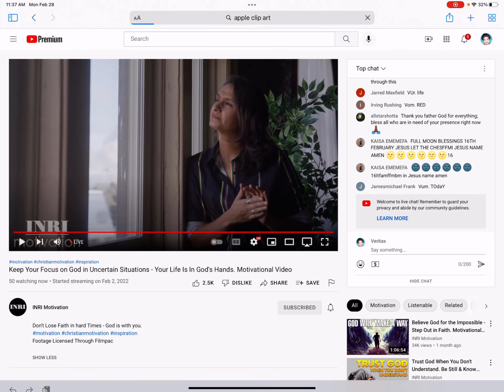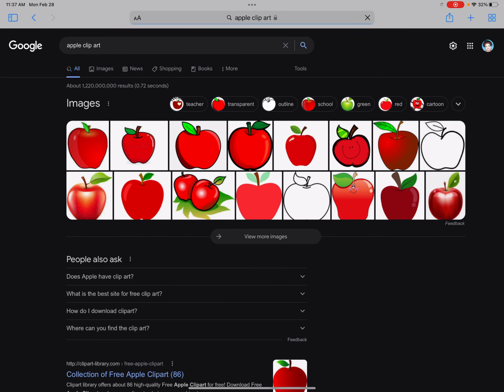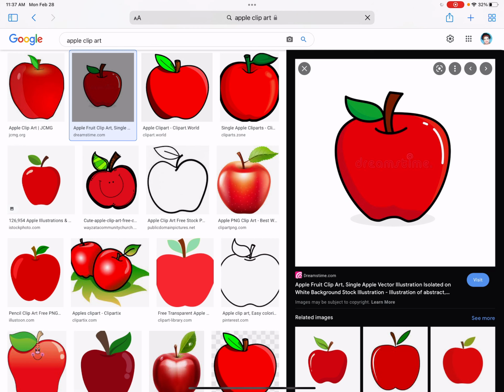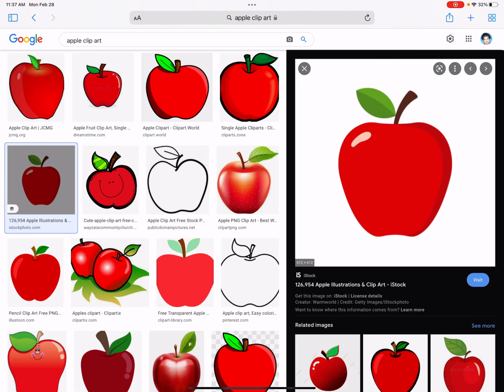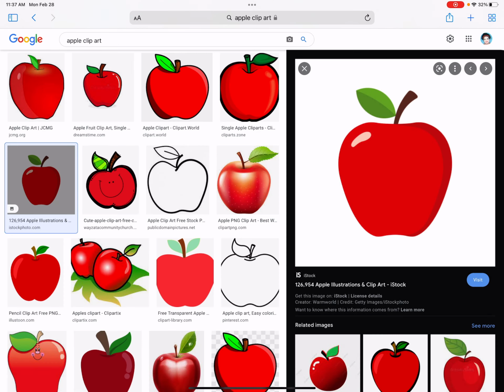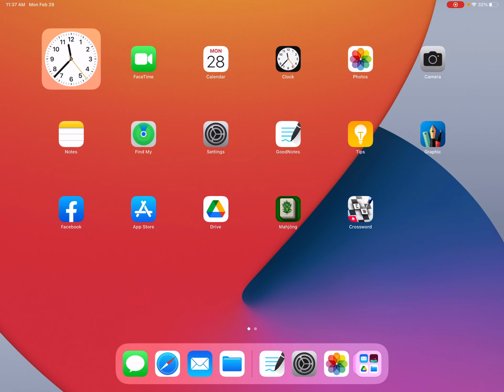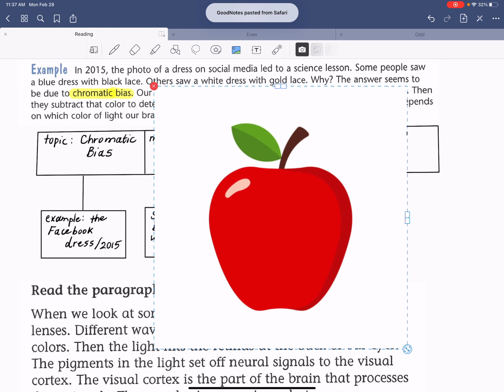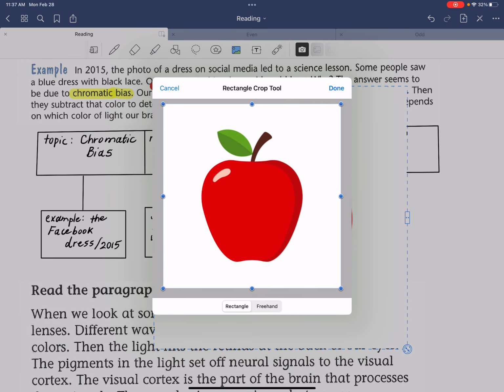So I'm just Googling a picture of an apple. I really should be worrying about the copyrights on these, but I think I'll just not worry this time. Here we go. So let me cut this down. So here's a picture of an apple.